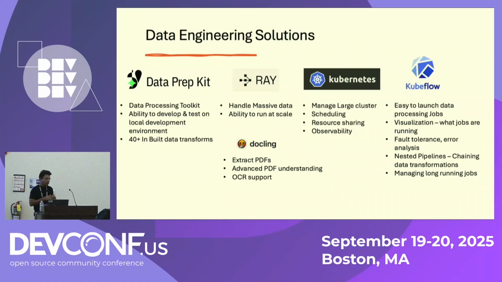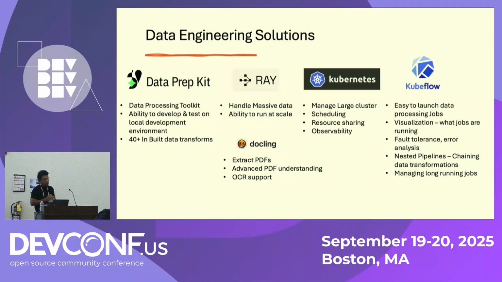What Kubernetes offers is seamless management of a cluster where we don't need to think about scheduling and resource sharing and all the other problems. It gives us observability also, to see which nodes have a problem and where the resource crunch is. It gives us auto scaling, where it can scale a job automatically for us.